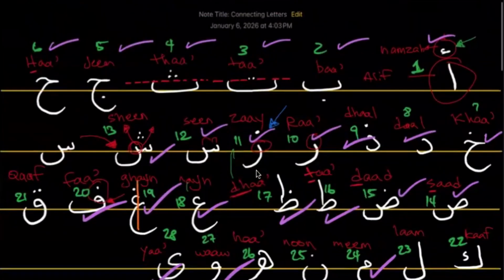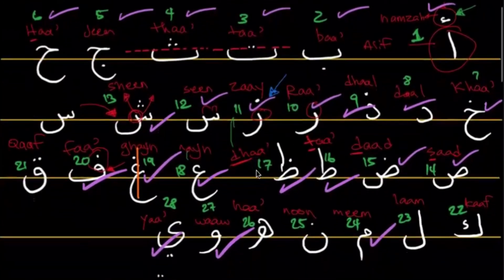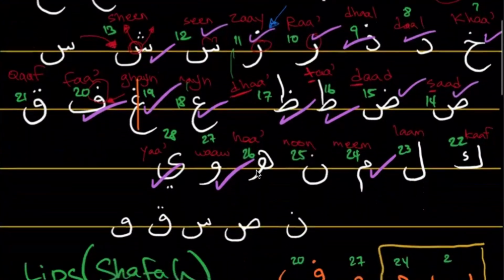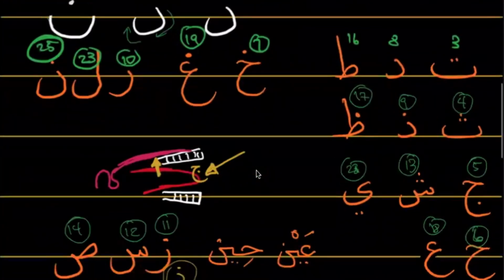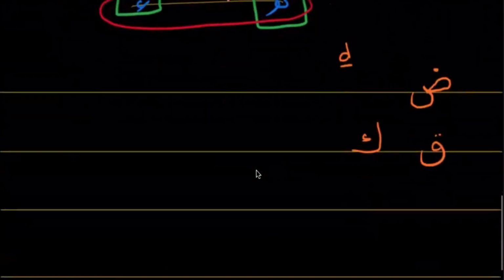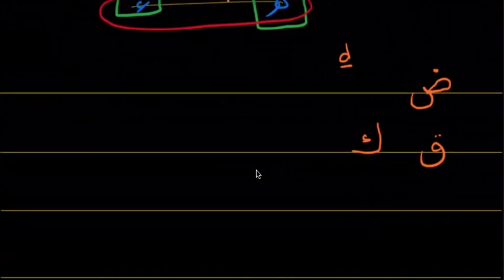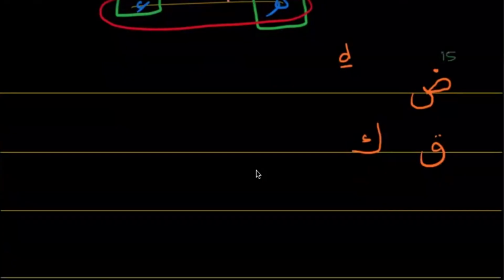So here, Bod is letter 15. Qaf is 21 and Kaf is 22. Qaf. Kaf.